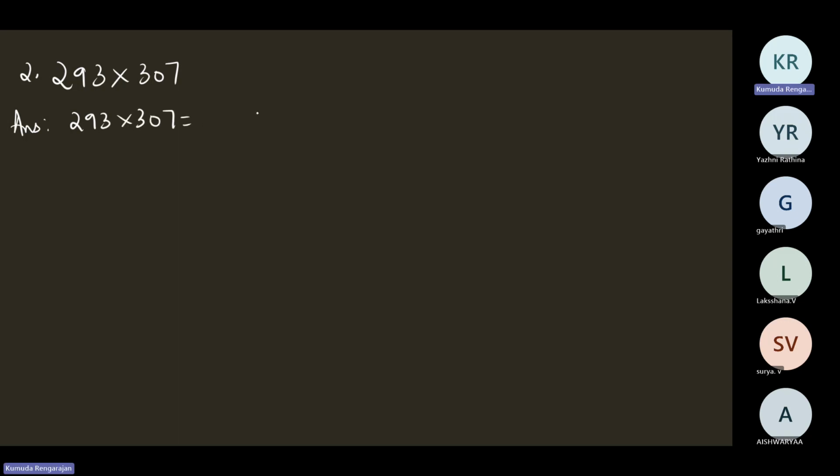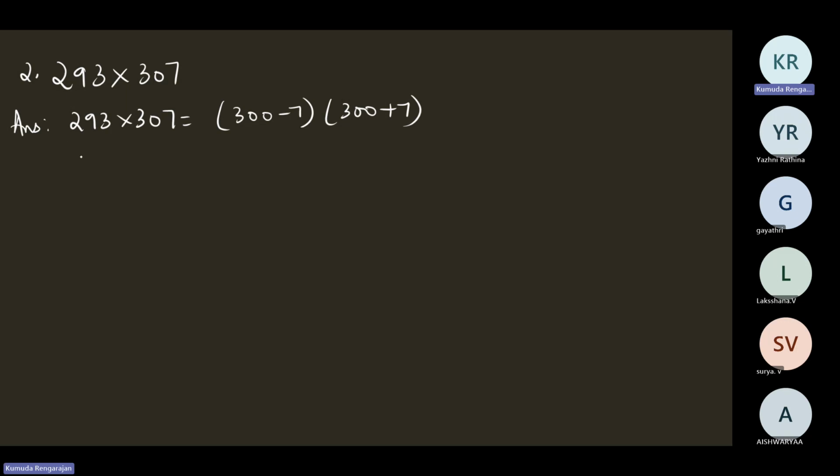So both the numbers can be written using 300. 293 is 300 minus 7. And 307 is 300 plus 7. Both these numbers can be written using 300. 300 minus 7 is 293. 300 plus 7 is 307.